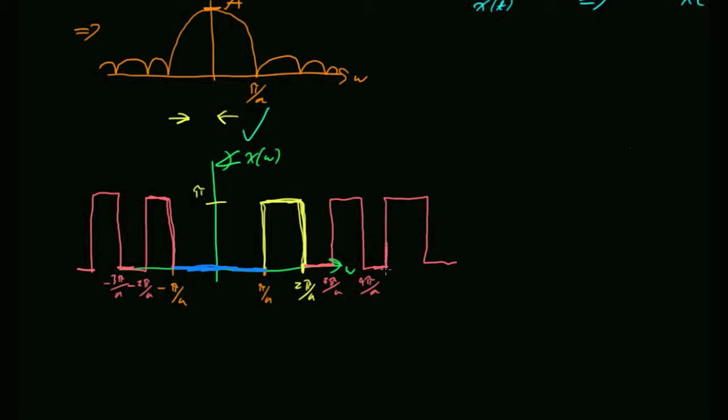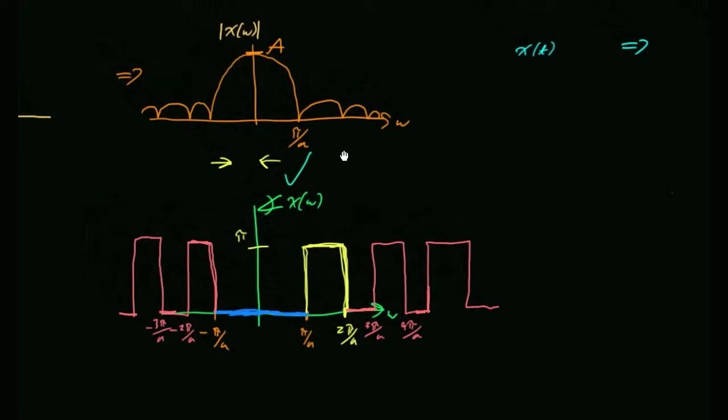What property do magnitude plots always have? Always positive. Well, always positive. They're always even. Right. Magnitude plots are always even.